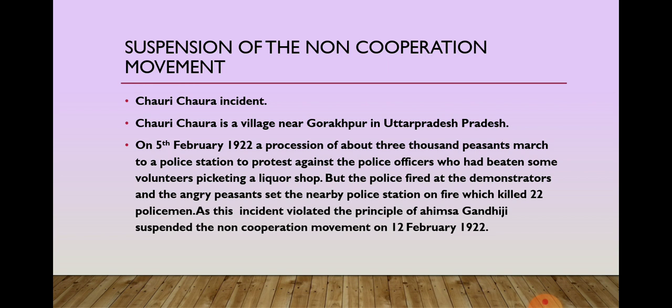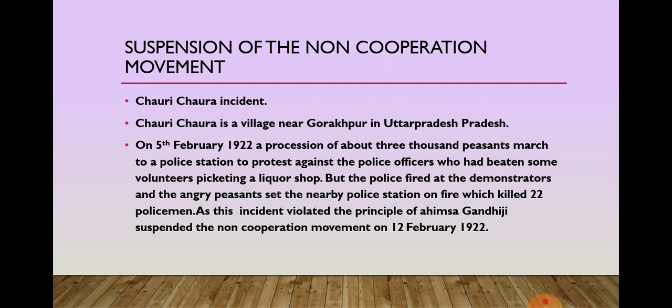Chauri Chaura is a village near Gorakhpur in Uttar Pradesh. On 5th February 1922, a procession of about 3,000 peasants marched to a police station to protest against the police officers who had beaten some volunteers picketing a liquor shop. So one of the major programs of the non-cooperation movement was picketing of liquor shops.